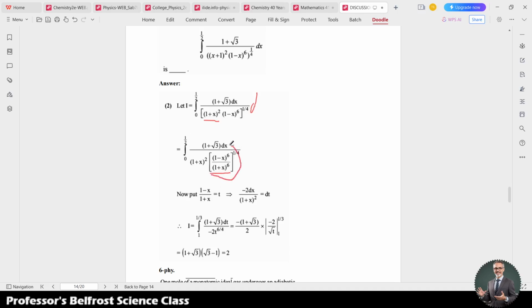And now we can try to solve this part, because this is a constant, we actually don't really need to pay attention to this one. So say that 1 minus x by 1 plus x is t.